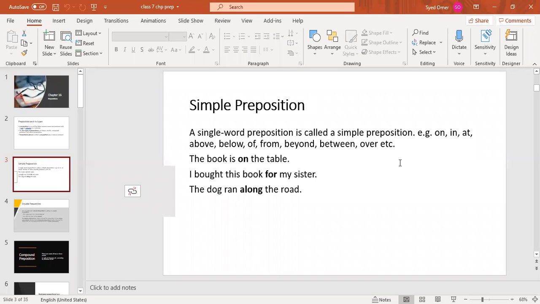For example, he's walking along the path. I walk through the forest. They are going to the market. He's moving towards Tinsley Road. So to, towards, in, into, at, above, beyond, below, under. These are all simple prepositions.